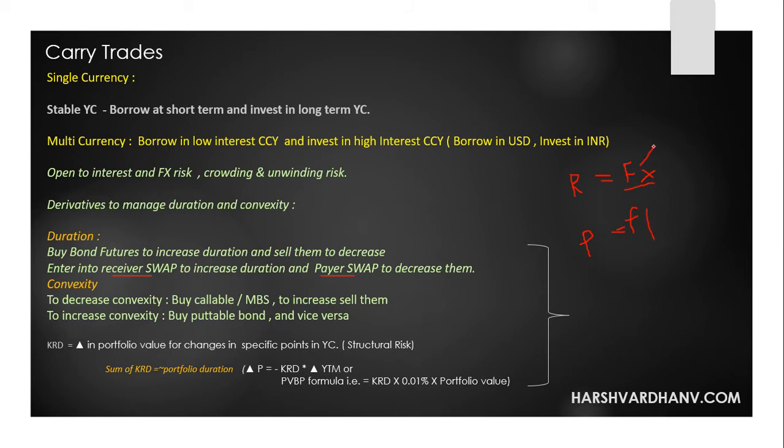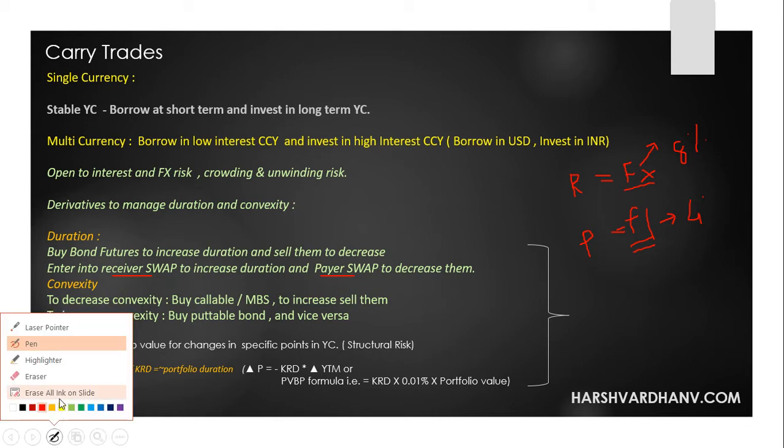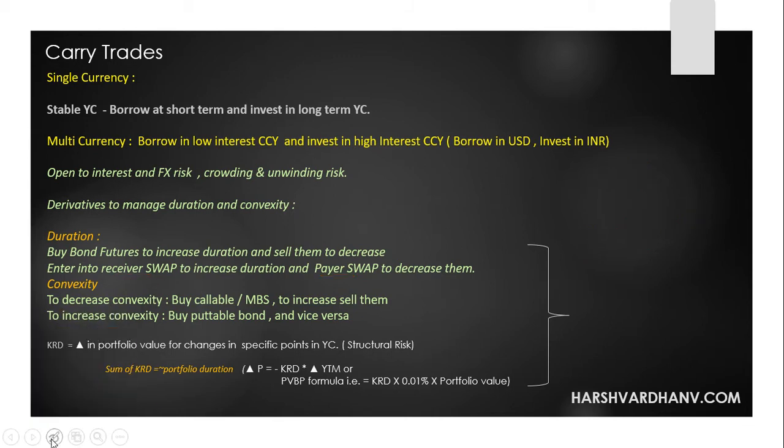Now, a fixed rate will have a duration close to its interest rate, say 8% for example, but a floating leg duration will be only up till the next reset. So the next reset will be in say 3 months, and suppose 12% is the annual rate of interest. So the next duration will be only up to 3%, 12 divided by 4.